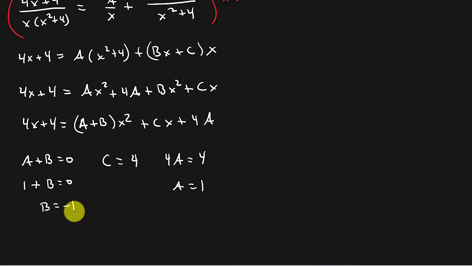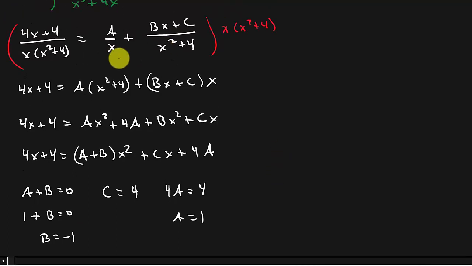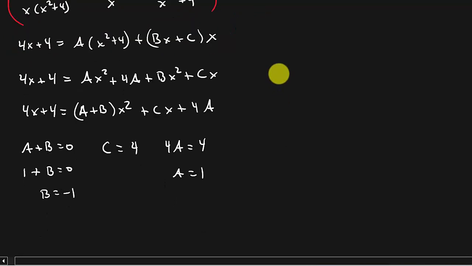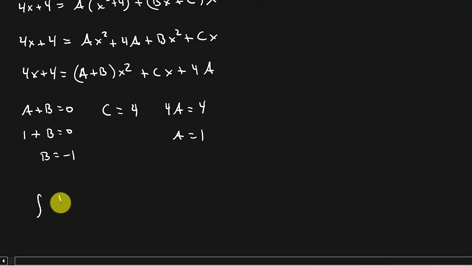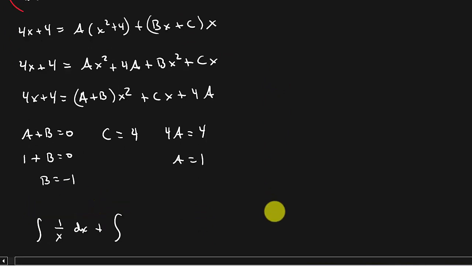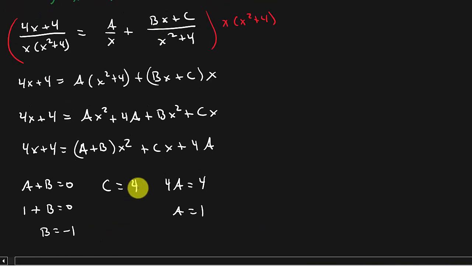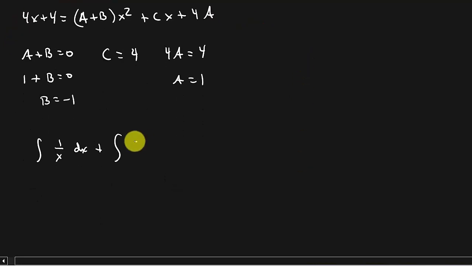All right. Now, let's substitute all this in. So a is 1. So that's going to be the integral of 1 over x dx plus the integral. Now b is -1, c is 4. So that's negative x plus 4 over x squared plus 4 dx.